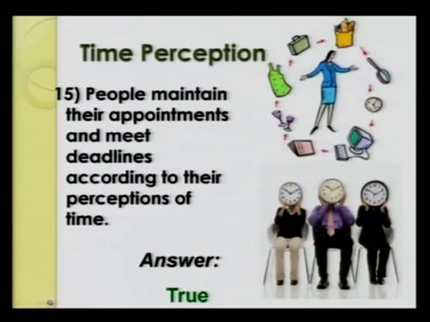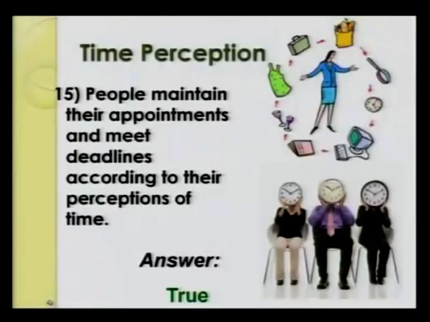And in terms of time perception, people maintain their appointments and meet deadlines according to their perceptions of time. Now, again the answer is true, because in the lecture I am going to talk about monochronic and polychronic aspects of time, and I will tell you what is monochronic and what is polychronic.